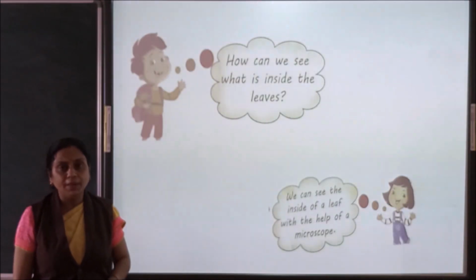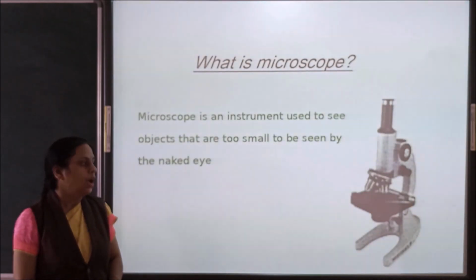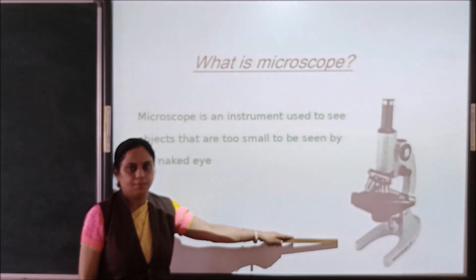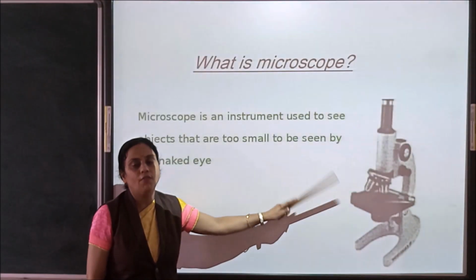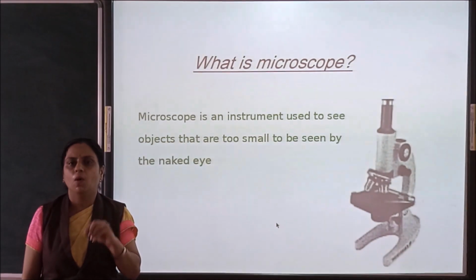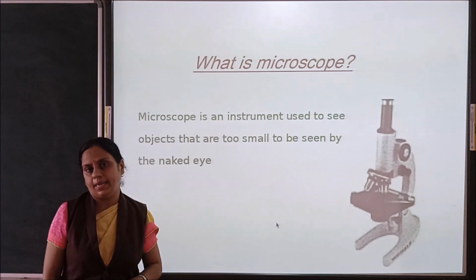Now, you must be wondering, what is a microscope? Isn't it? See, a microscope is like this. This is the picture of a microscope. It is used to see small objects which we can't see with the naked eyes.